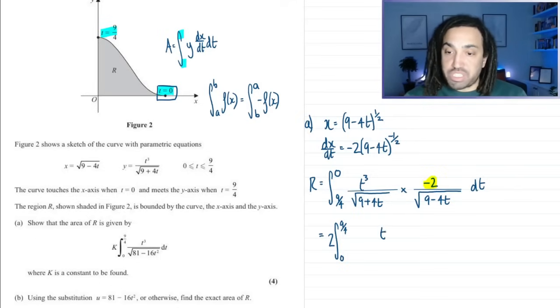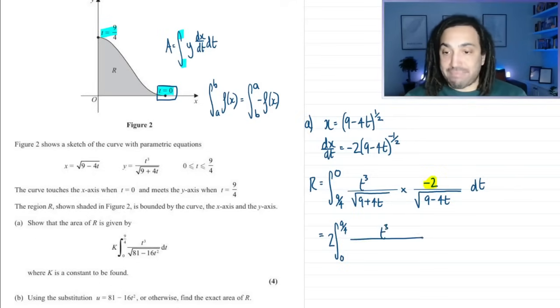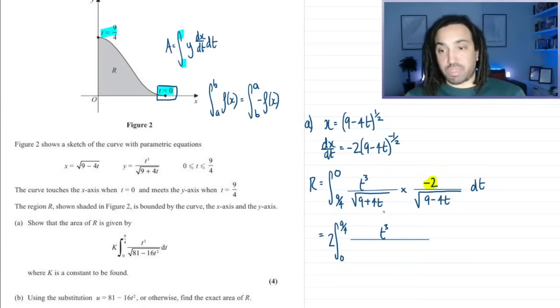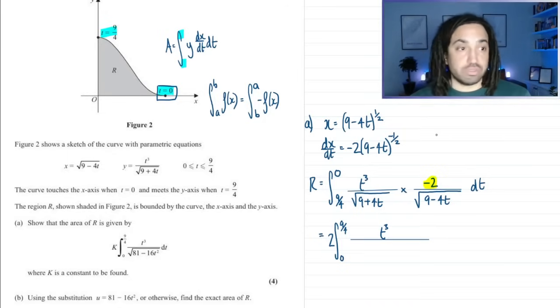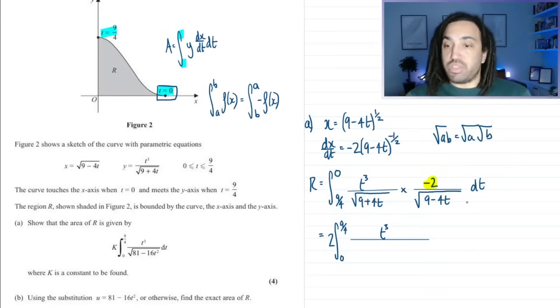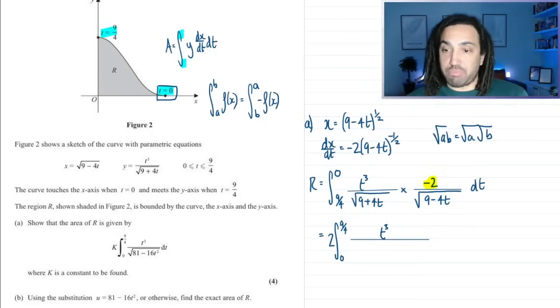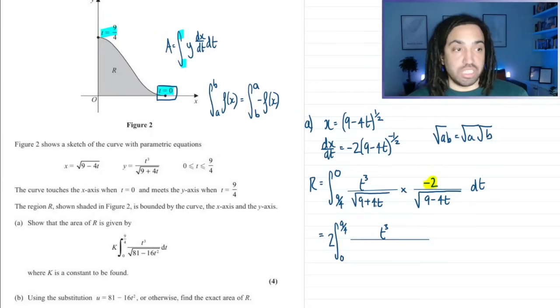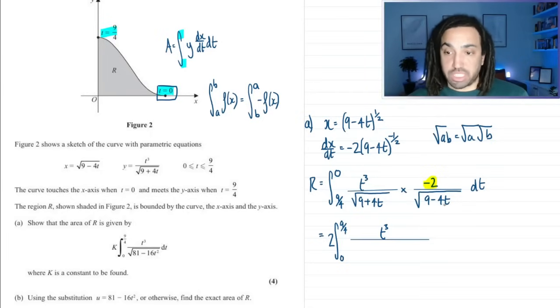So on top we just have t cubed, and then on the bottom we're multiplying 2 square roots, and as you know, the square root of AB is equal to the square root of A times the square root of B, so we can just multiply inside the square roots together. And what do we get when we multiply 9 plus 4t by 9 minus 4t? Well, that's the difference of 2 squares.